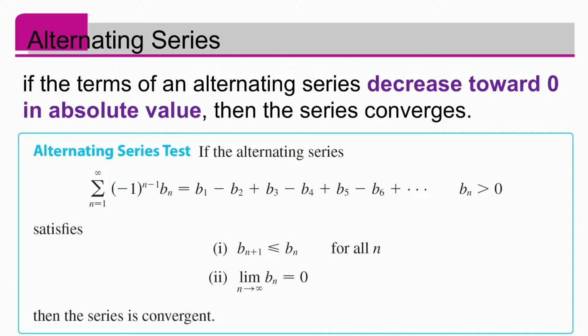And there is another little caveat that we have to check each time. If you have an alternating series that looks like this, as long as the terms are getting smaller and the limit is 0, you have to have both of those things happen.